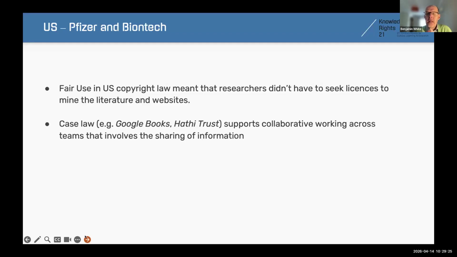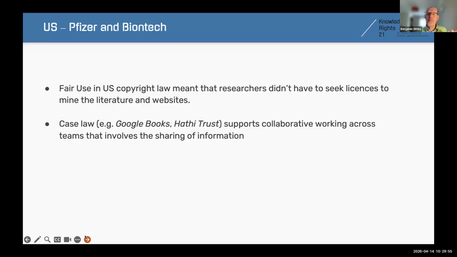And if you were based in the United States, if you were a large pharmaceutical company like Pfizer and BioNTech, you would have had legal access to websites and the literature which you would have bought or licensed. In the United States, there is a flexibility, it's called an exception in copyright law, which would have supported Pfizer and BioNTech doing this.